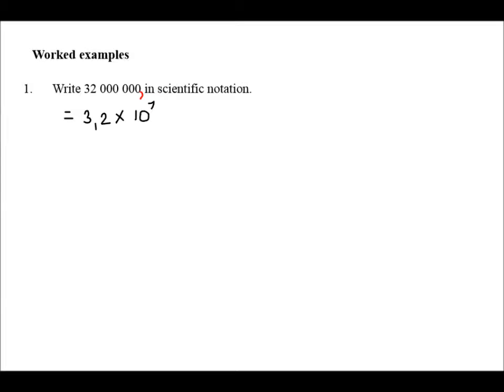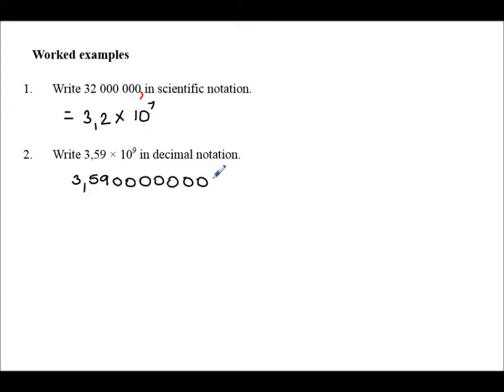Right, let's look at number 2. Write 3,59 times 10 to the 9. Well, the first thing we're going to do is write 3,59, and we're going to add a whole lot of zeros.